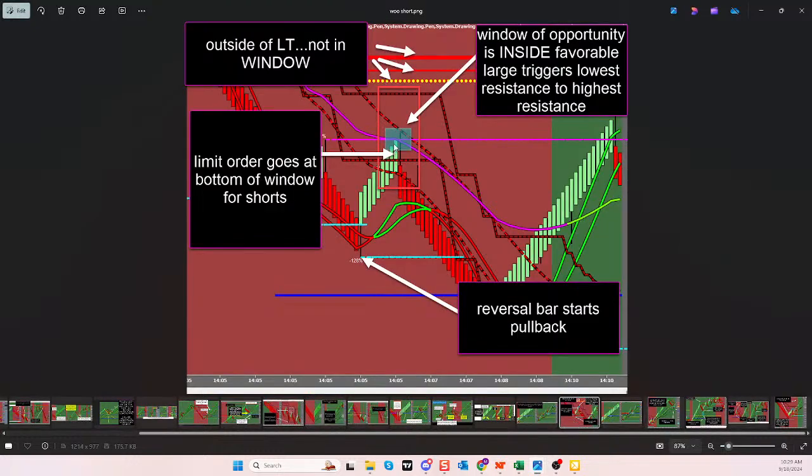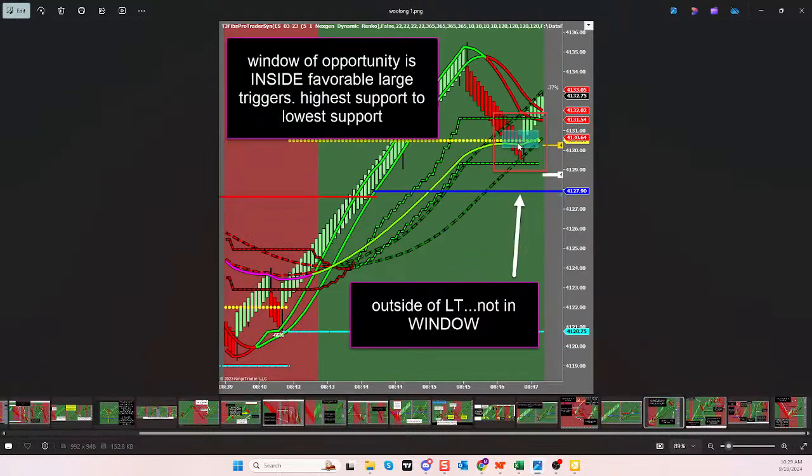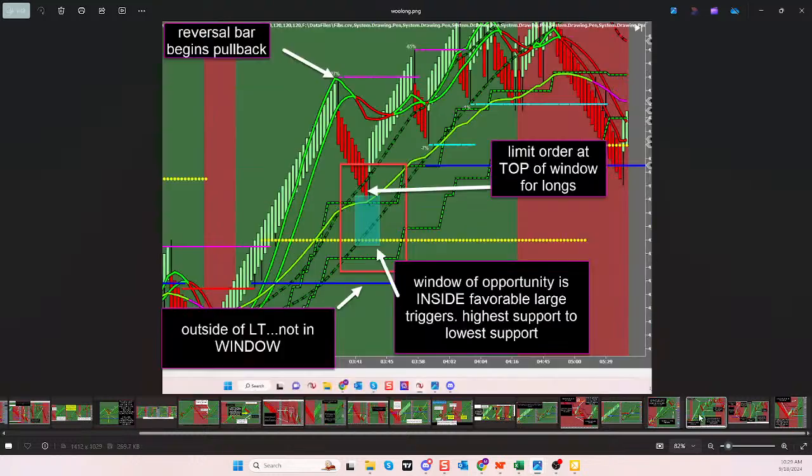For a short trade, it's the highest point of resistance to the lowest point of resistance inside of favorable large triggers. The look is going to be different all the time. It might be a mid-band, it might be a fib, it could even be one-to-ones. But the recipe never changes. Sometimes it's 5 or 6 ticks.